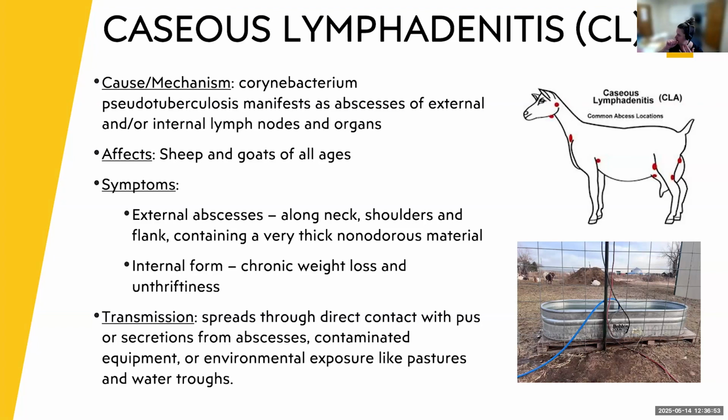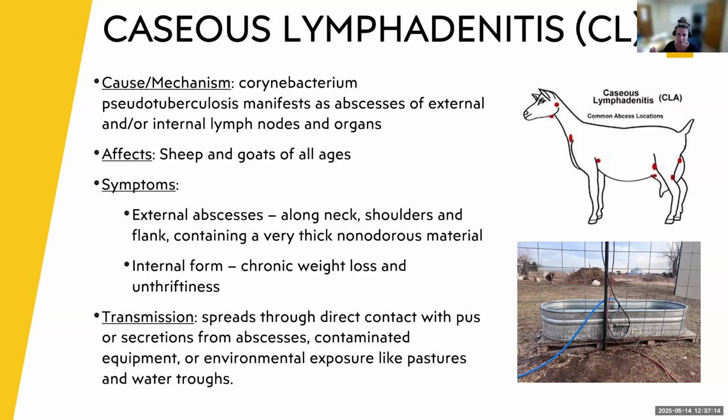So I put the water tank picture on here because I think that's something that you can clean pretty regularly if you ever have had CL on your operation. All of your animals go to that multiple times a day. You may have multiple feeders that they use, but they all go to the same water tank.